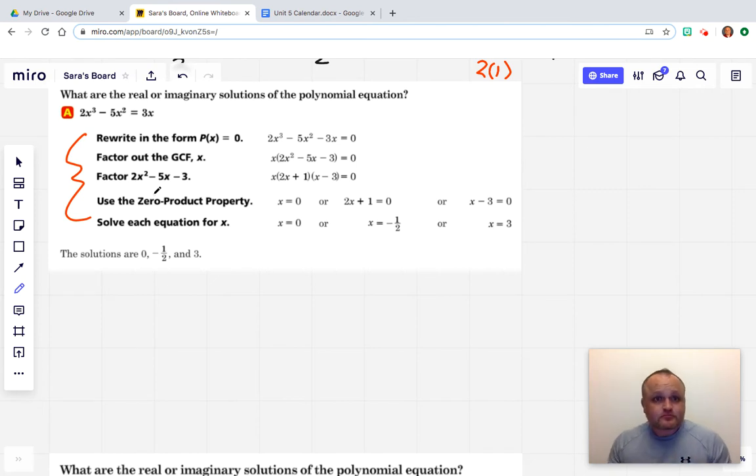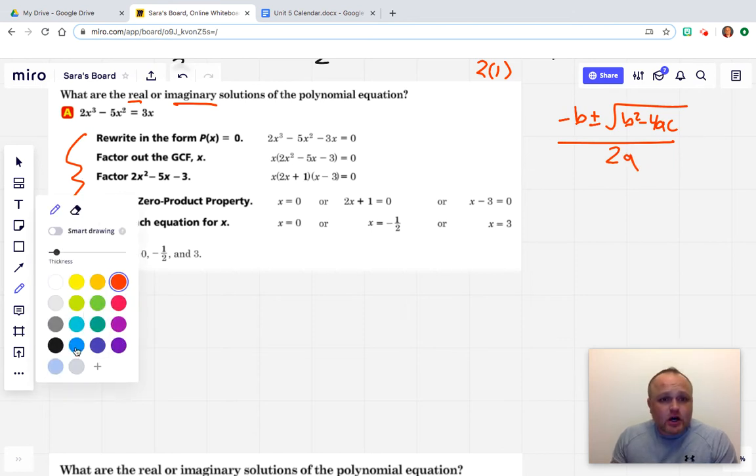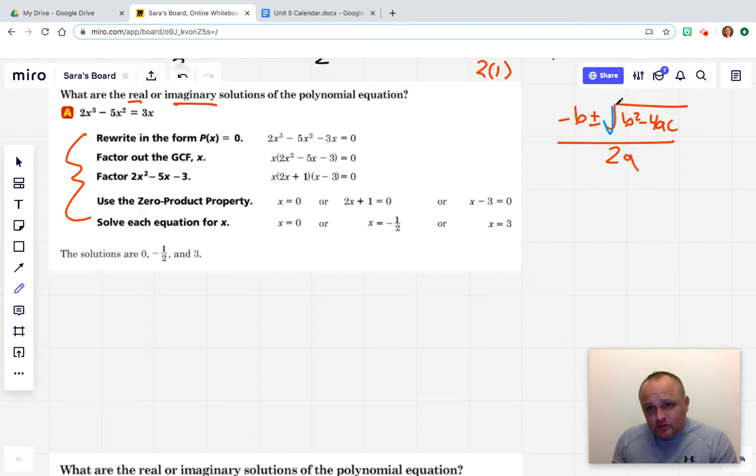All right. What are the real and the imaginary solutions? The real solutions are, again, like when we just did that example problem, b squared minus 4ac. The big part is underneath the radical symbol. If I have a positive number that results from all this b squared minus 4ac, I will have a real answer over here.